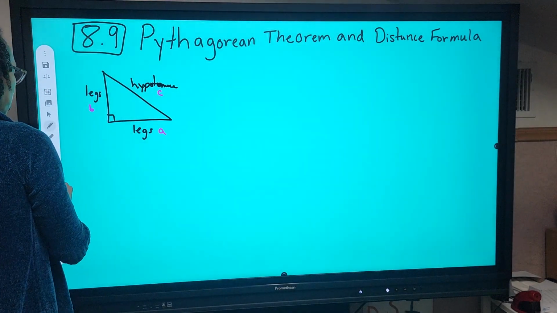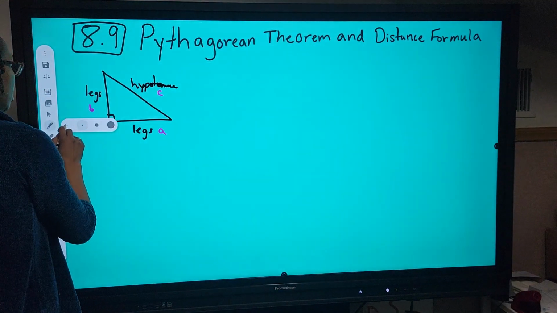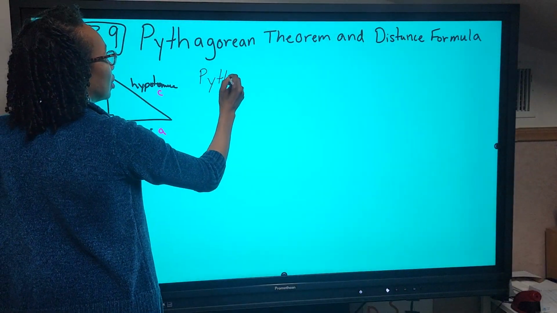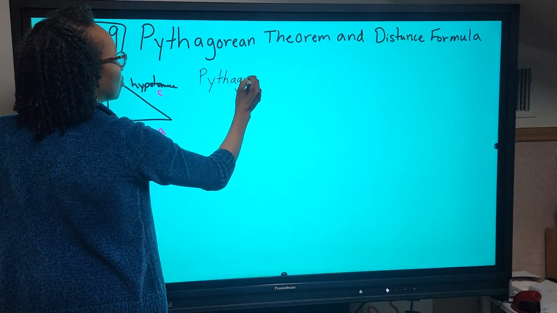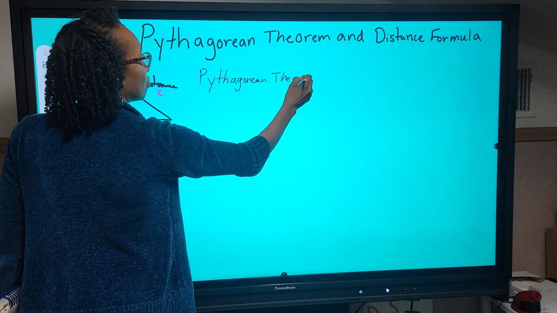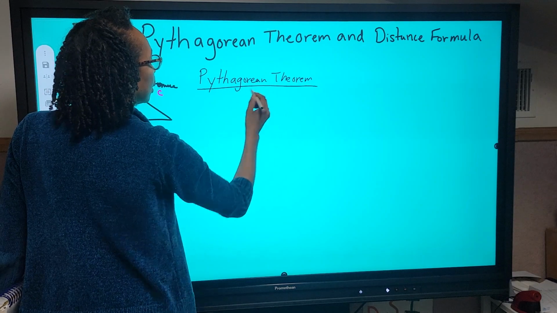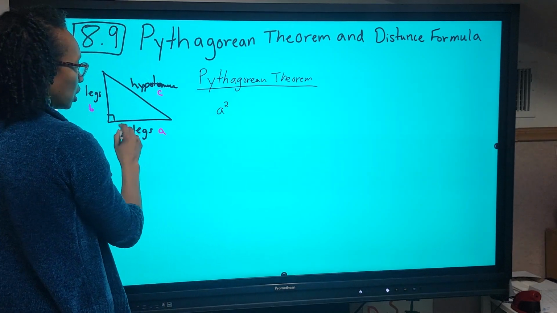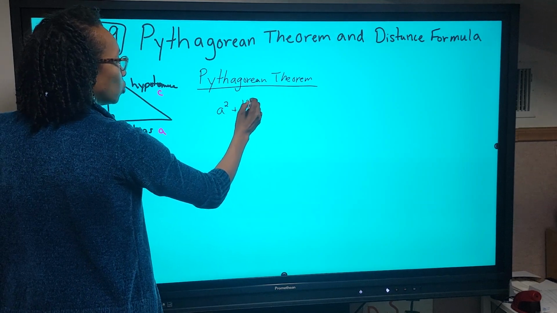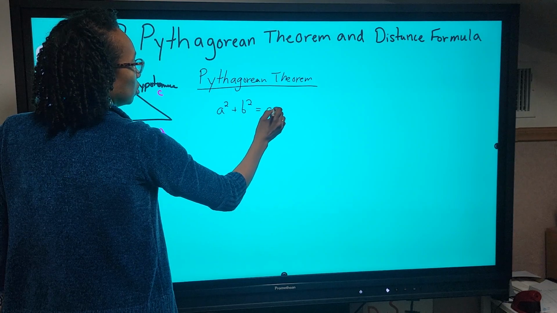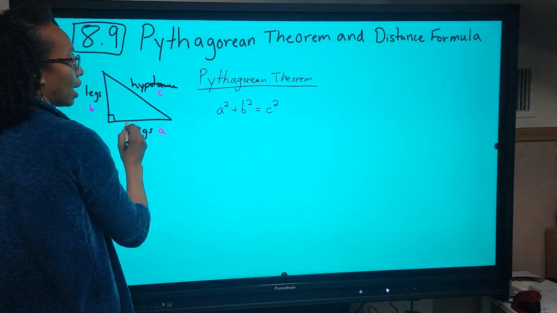So the Pythagorean theorem says that you can take the square of one of the legs plus the square of the other leg, and it will equal the square of the hypotenuse.